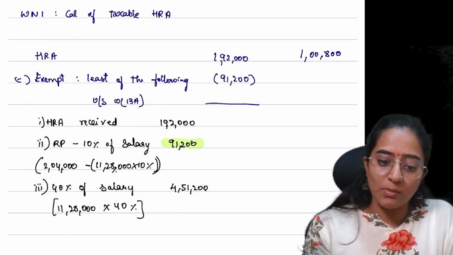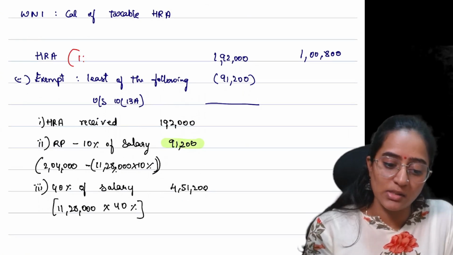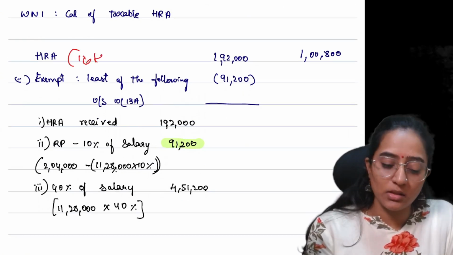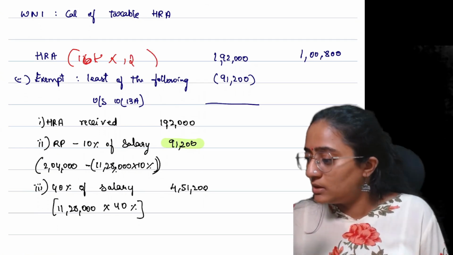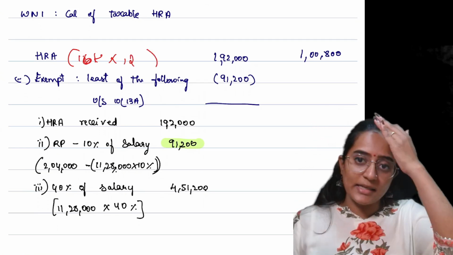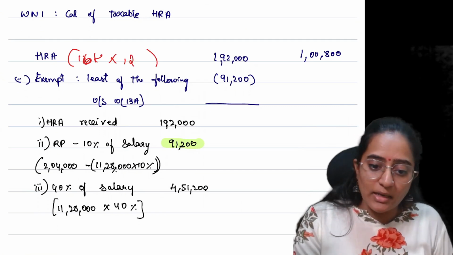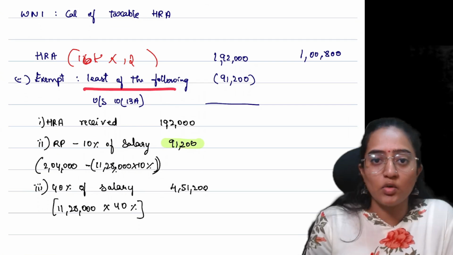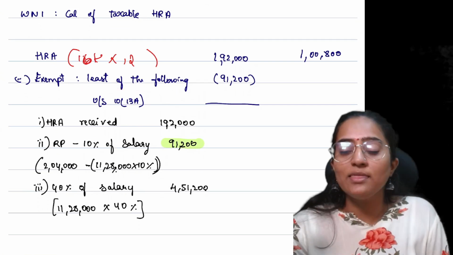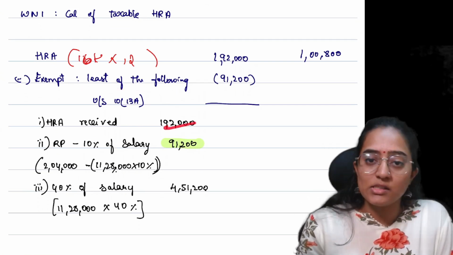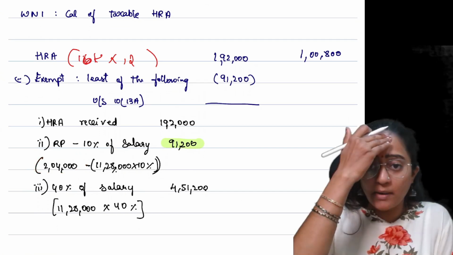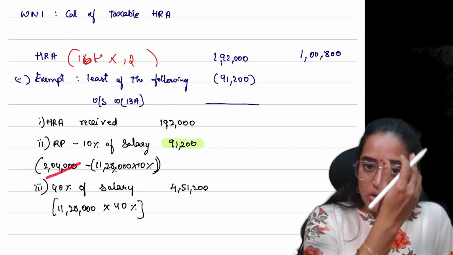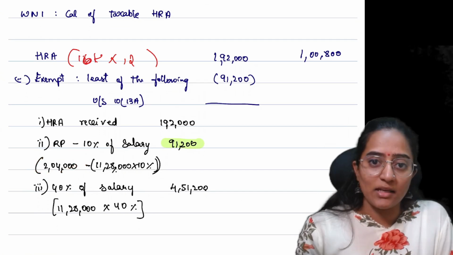First of all, the HRA you have received is 16,000 per month multiplied by 12 months. How much should you get, people? 16,000 multiplied by 12, 1,92,000. So out of this 1,92,000, the least of the following would be considered as exemption under section 10(13A). That is, what is the HRA received? What is the rent paid? 17,000 per month multiplied by 12 months, if you do, you will get 2,04,000, minus 10% of the salary.